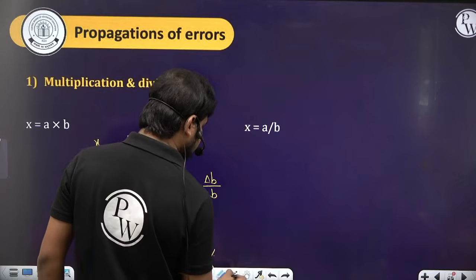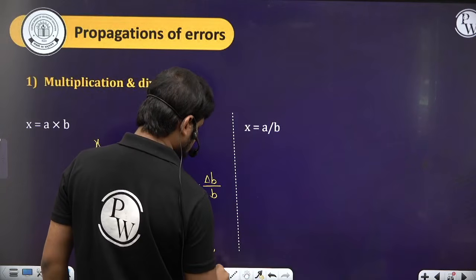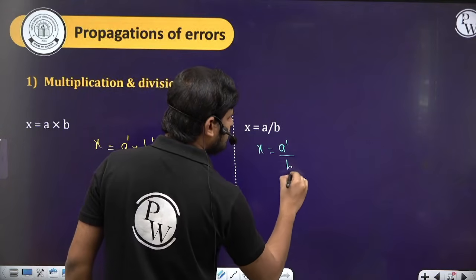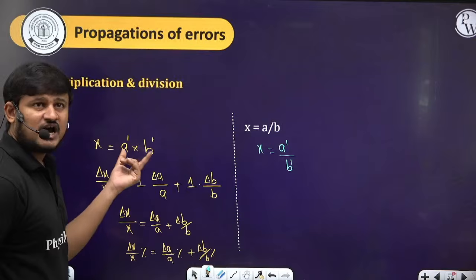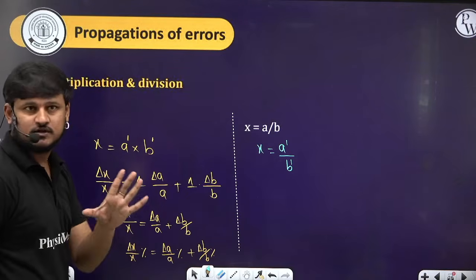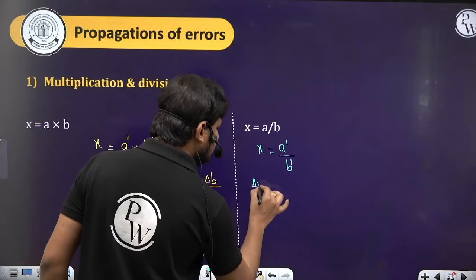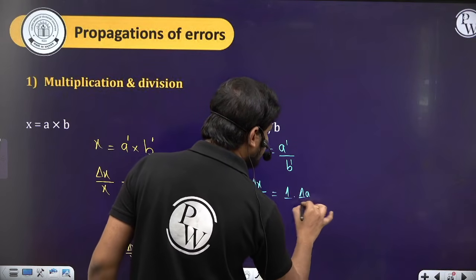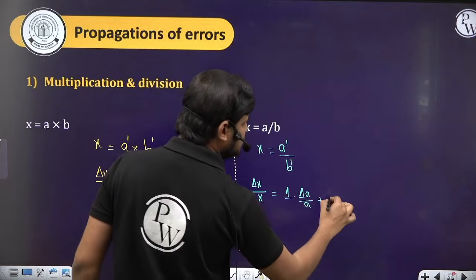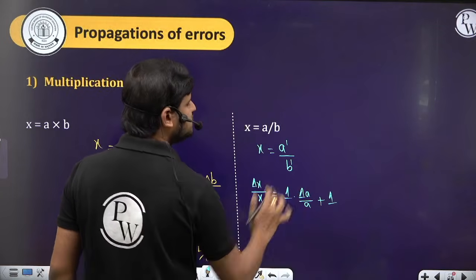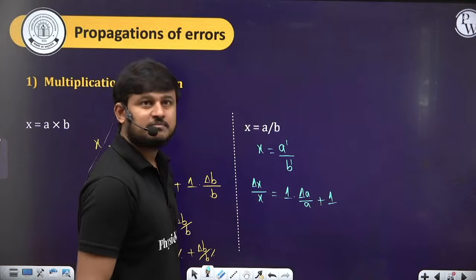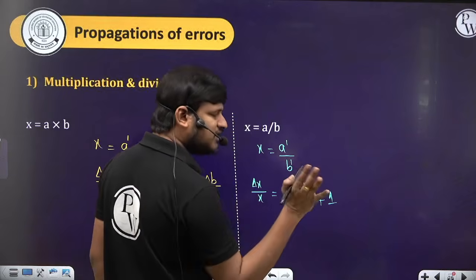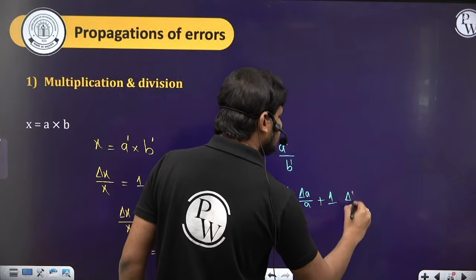You just write x is equal to a by b. We can write this as x is equal to a to the power 1, b to the power minus 1. So whether it is multiplication or division, just care about the powers. Then delta x by x is equal to 1 into delta a by a plus, for b, the power is minus 1, but we take only the magnitude of the power, whether it's in the numerator or denominator, so into delta b by b.